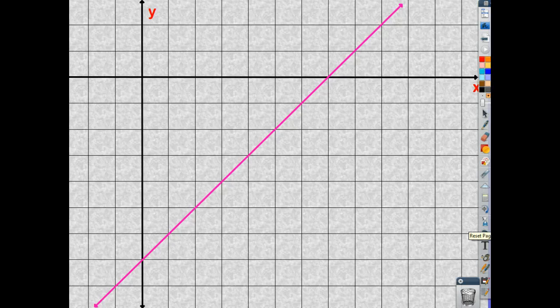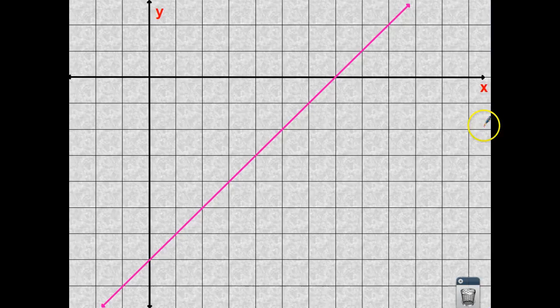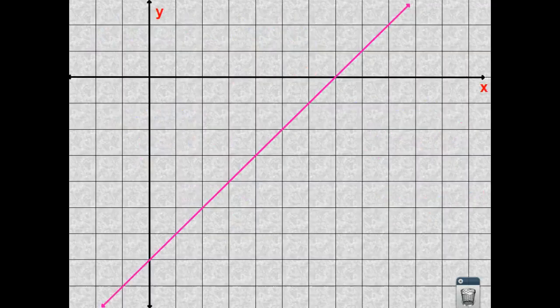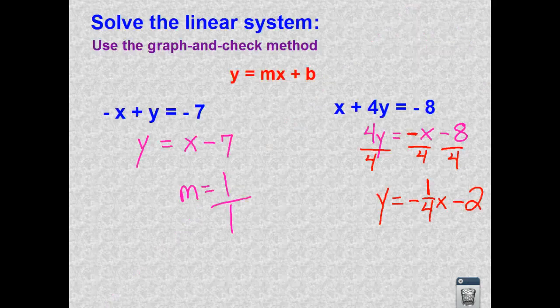Okay, so there's the equation of our first line. Let's label that. It was called -x plus y equals -7. So I'll just come up here. -x plus y is equal to -7. There's line 1.